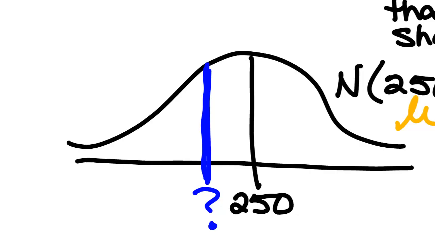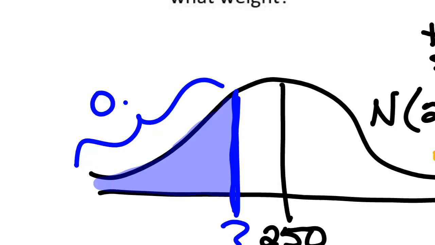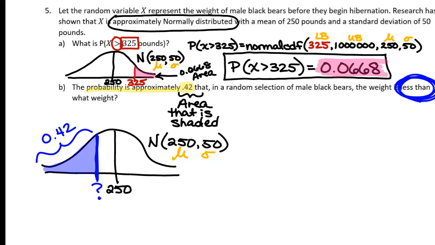I don't know what this value is. But I do know what the area is here. This is 0.42. So far, so good? So basically, we start with the answer that we had in the last problem, or the type of information that would be the answer.